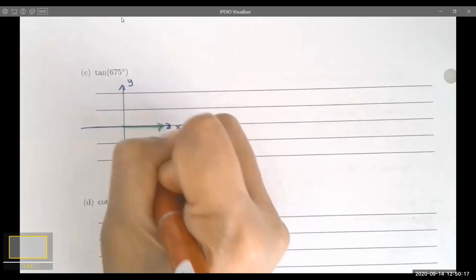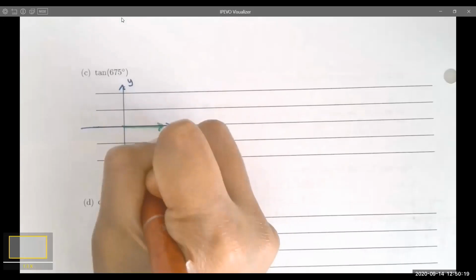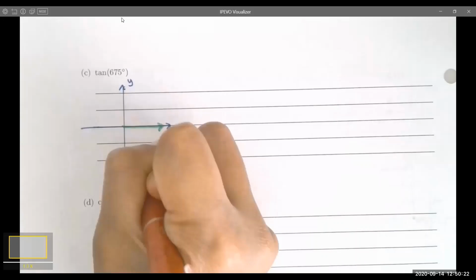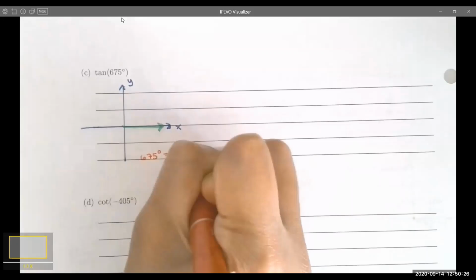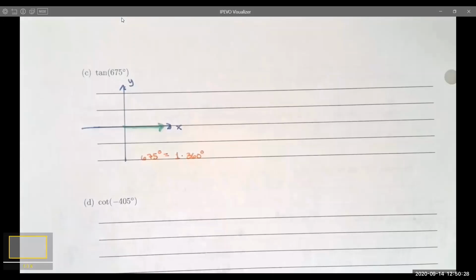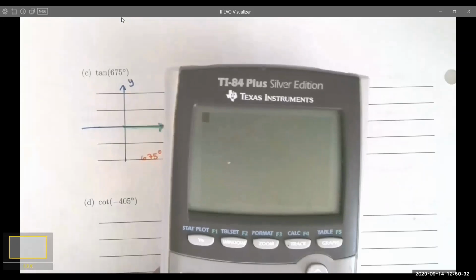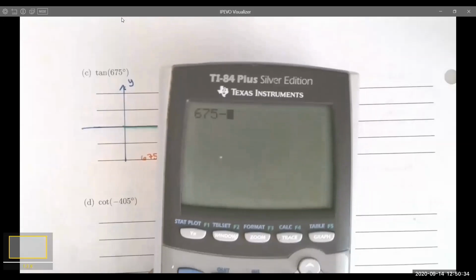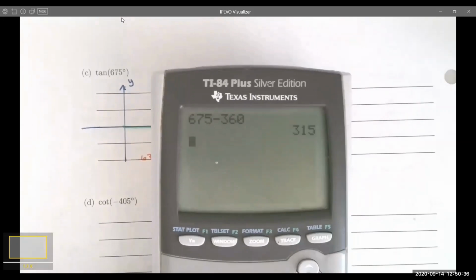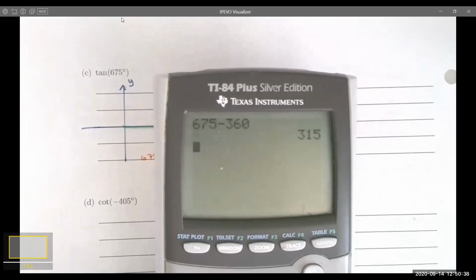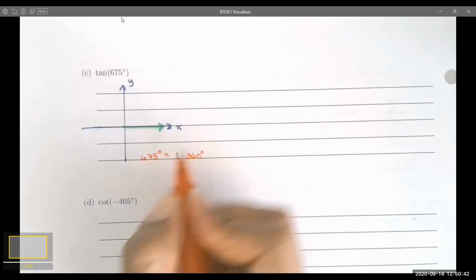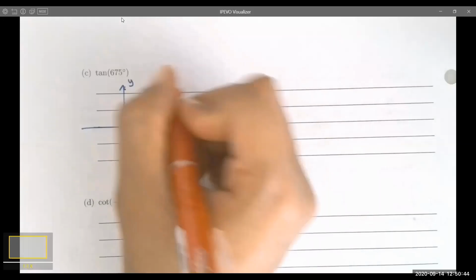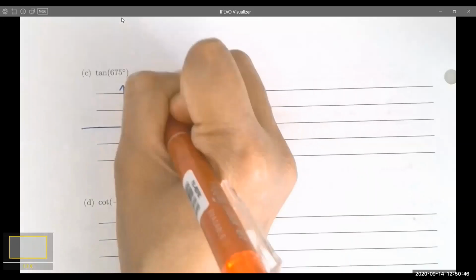Reason being, 675 is going to be 1 times 360, one full cycle. And then we can have 675 minus 360 to see how many degrees are left over. That would be 315. Okay, so since we're going to terminate in quadrant number 4, let me just rewrite these up here so I have some space.